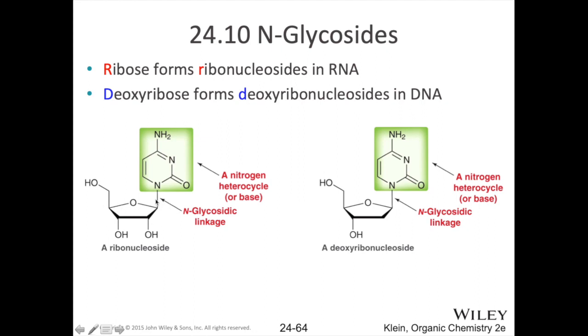If this were an OH group, this would be the sugar ribose. So we've swapped out that OH group for an amine. Okay, so now of course, depending on what this base is, you've got different types of ribonucleosides, right? And that's where you can enter codes essentially into your RNA, or in the case of deoxyribonucleosides, notice it's deoxy because this alcohol group's missing.